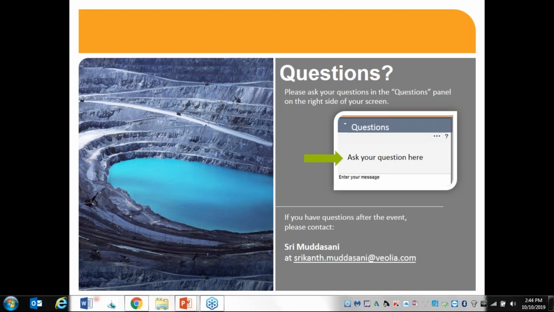Another one: for gibbsite recovery, what acid is used and what reaction pH is needed to recover the aluminum hydroxide? The acid we used is hydrochloric acid. Please note, if you use sulfuric acid, it means you are adding sulfates to the water, so I would say you add hydrochloric acid.